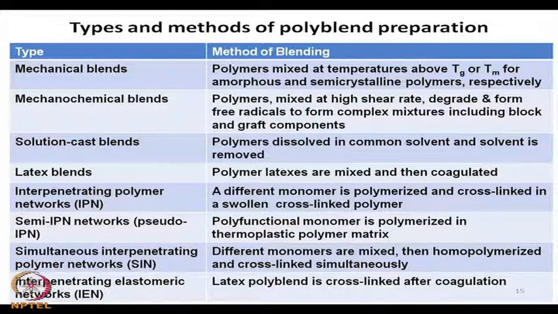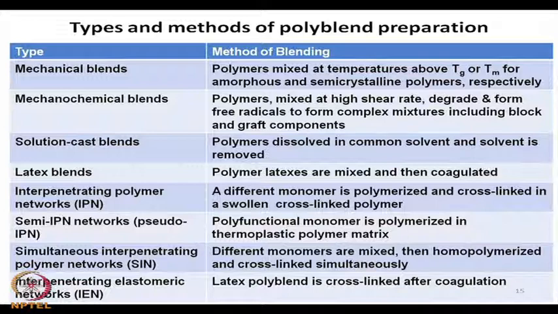mixed, and during such mixing at high shear rate, what happens? Chemical bonds are broken, that means the polymer molecules are degraded. During the breaking of the polymer chemical bonds, free radicals are created.